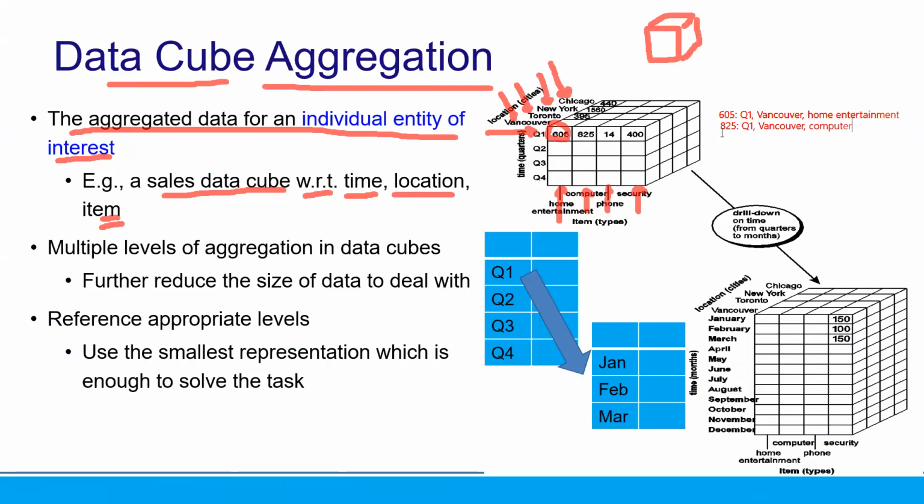If you want to reduce the data, you can select maybe some of the particular cubes. You don't need to select all the data. We can have multi-levels of aggregation in data cubes, which further reduce the size of the data to deal with.